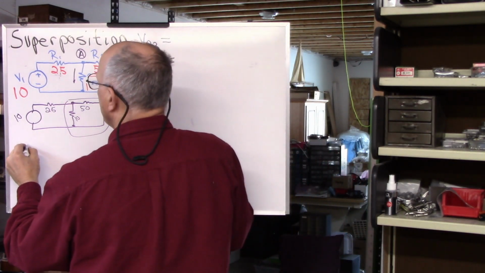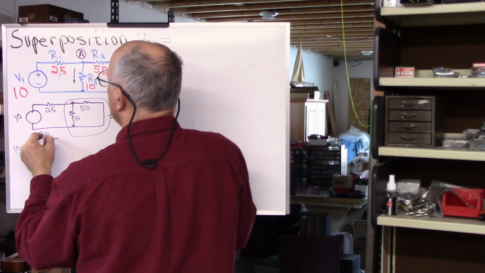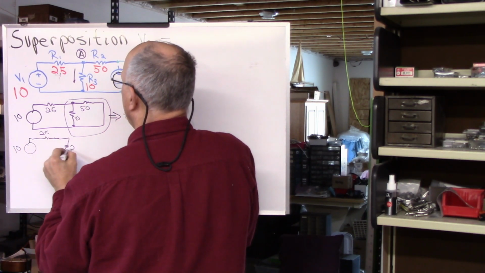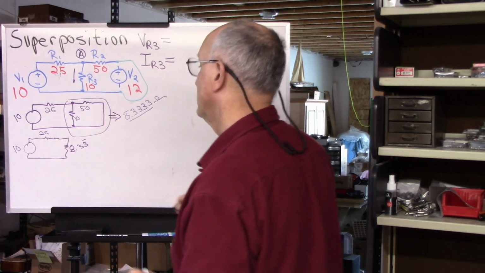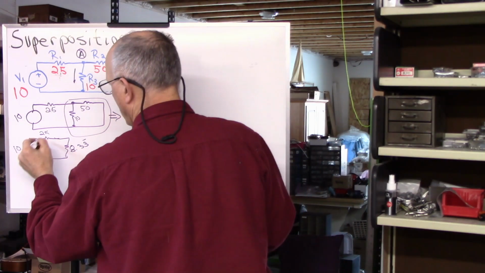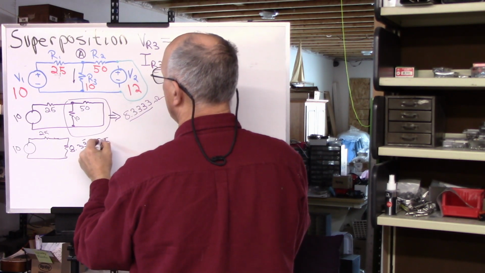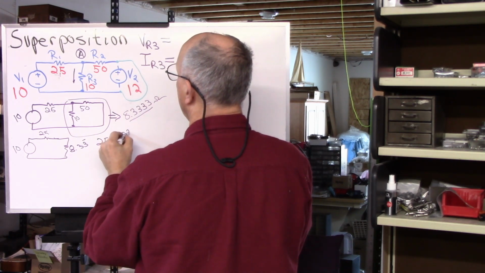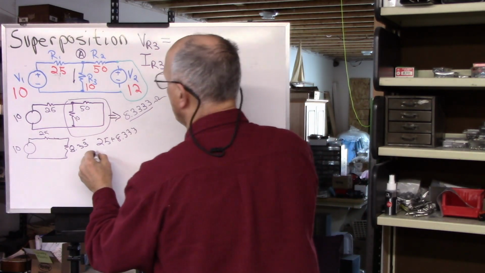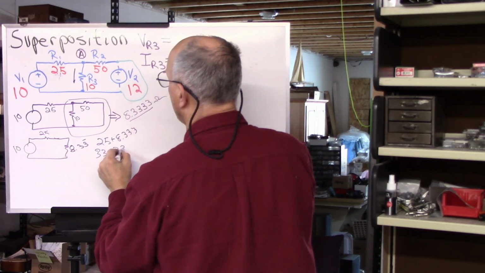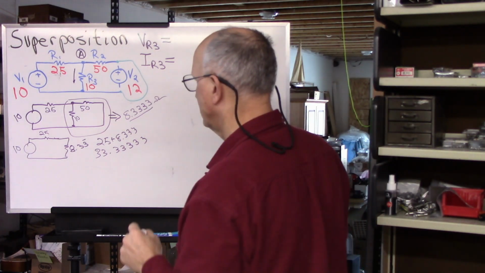Okay, so now we have a 10 volt source with a 25 ohm resistor in series with an 8.33 ohm resistor. What's the equivalent resistance of these two? That's 25 plus 8.3333, and that comes out to 33.3333 ohms.